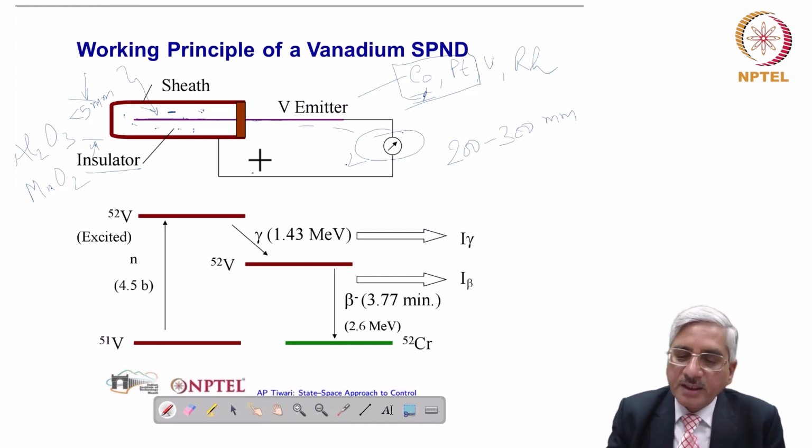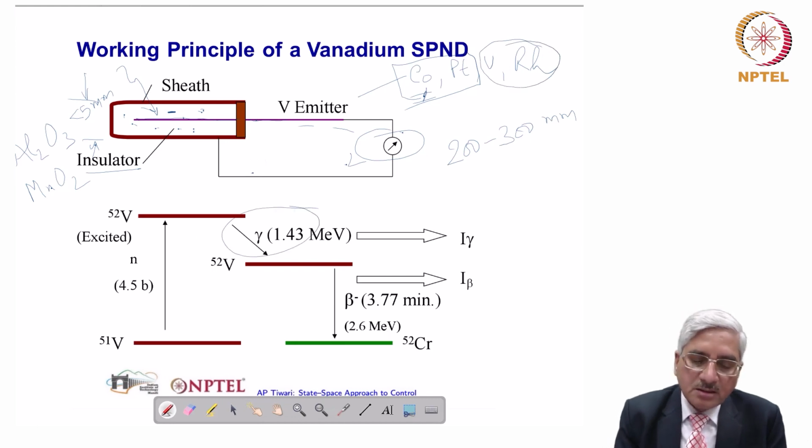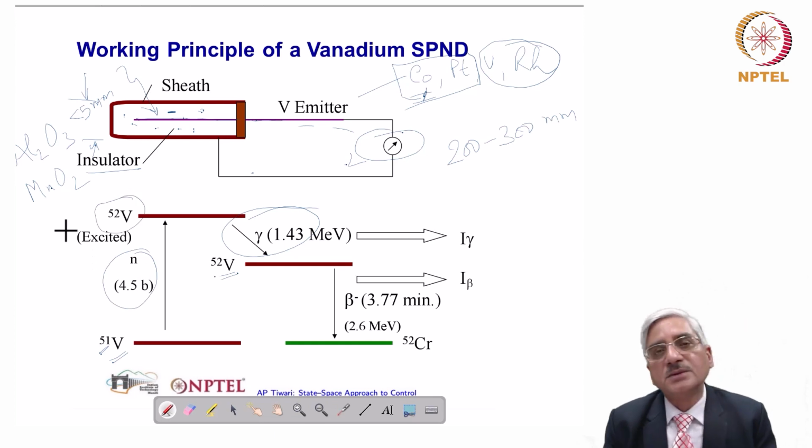In case of a vanadium or rhodium SPND, this gamma is released, but also this compound nucleus, see vanadium 51, the vanadium with mass number 51, has absorbed one neutron and has gone to a vanadium nucleus with mass number 52.